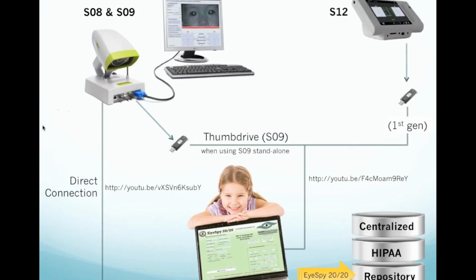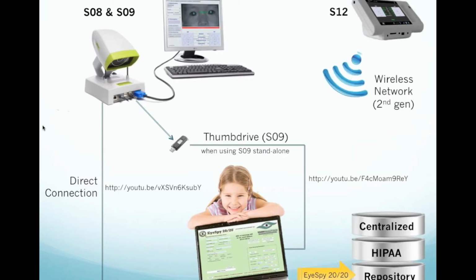With the S12, the first generation of their product, it requires transferring the data onto a thumb drive, just like you would with the SO9, and then bringing that into EyeSpy. You just plug the thumb drive into your PC running EyeSpy, and there's a utility to bring that data right in.